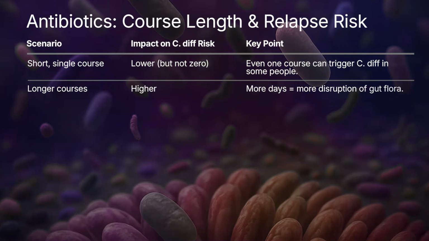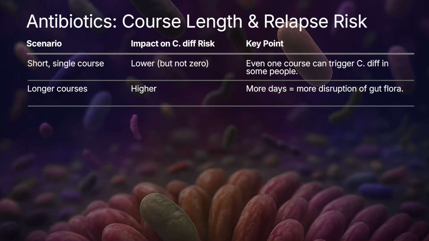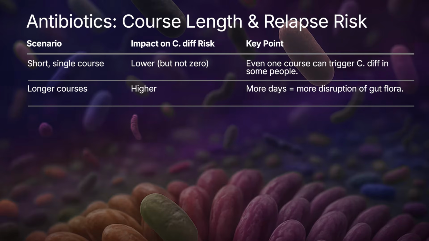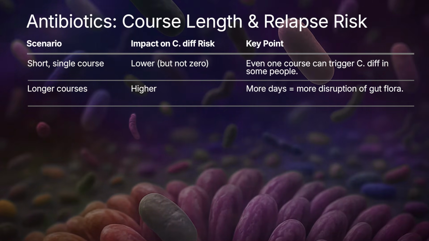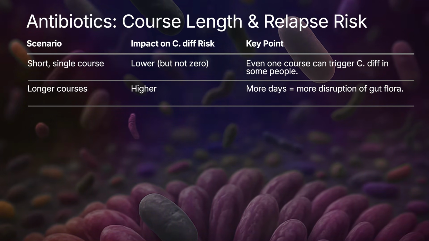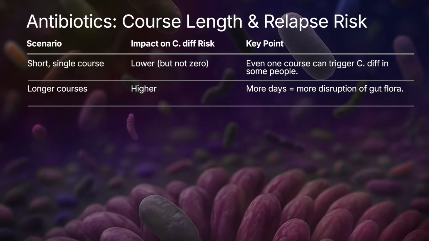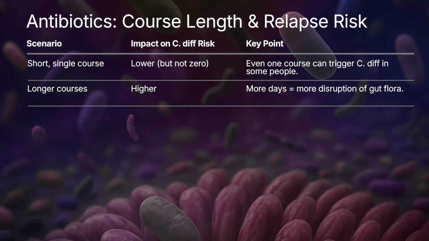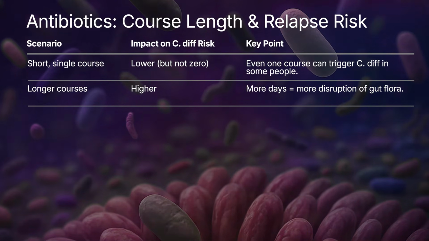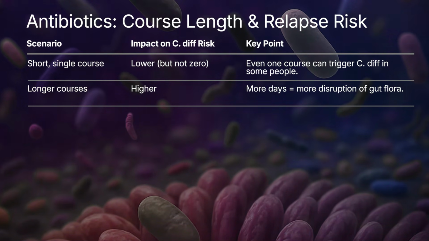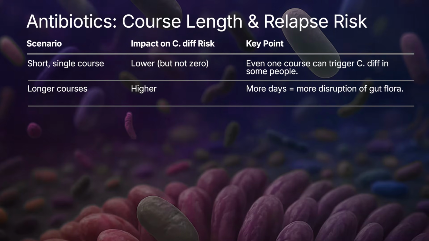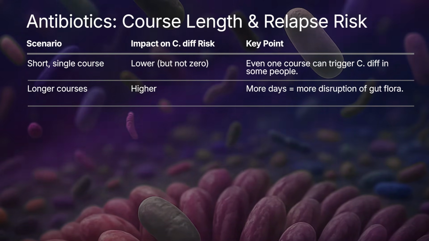But when the courses get longer, the risk goes up. A Canadian case cohort study in Clinical Infectious Diseases found that a 10-day antibiotic course raised C. diff risk by 12%, and a 14-day course raised it by 27% compared to a shorter 7-day course.